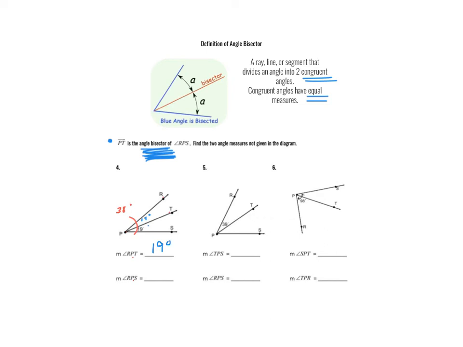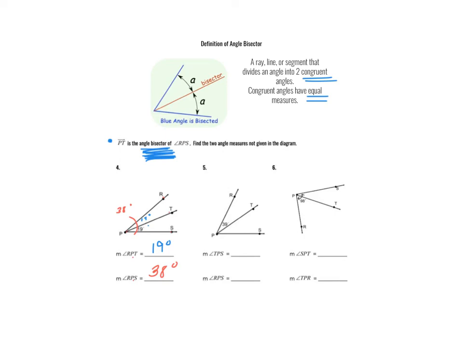I'm going to assume, but I'm going to double check, that RPS, yes, is the whole angle, and that's our 38 degrees. Two more quick questions to go. Remember to keep taking your pencil and kind of coloring over the letters or tapping it out to make sure that you're recording the angles in the correct placements underneath each of the questions.